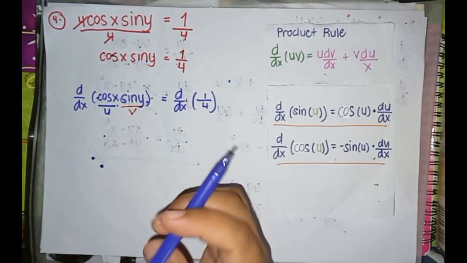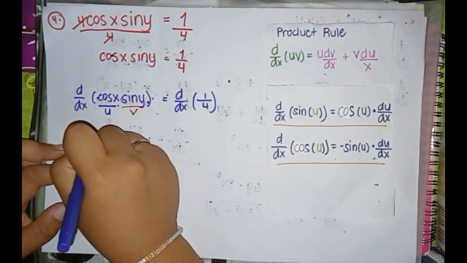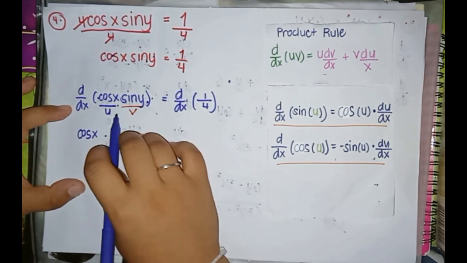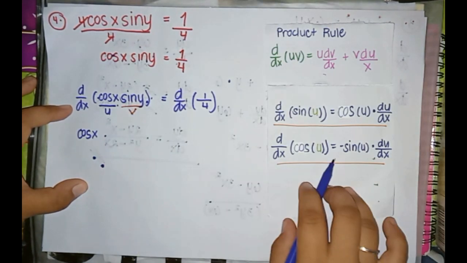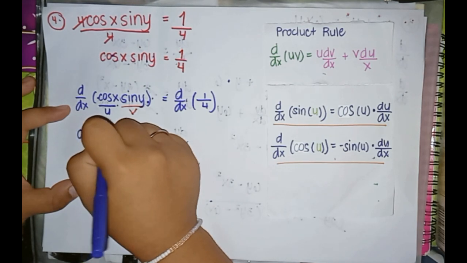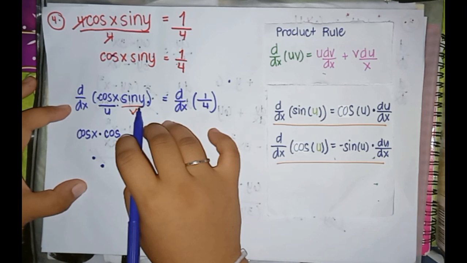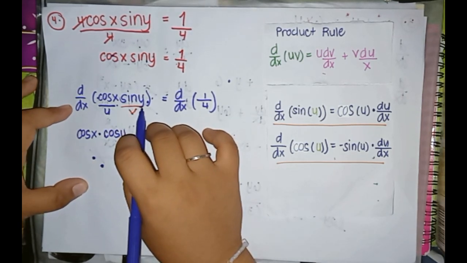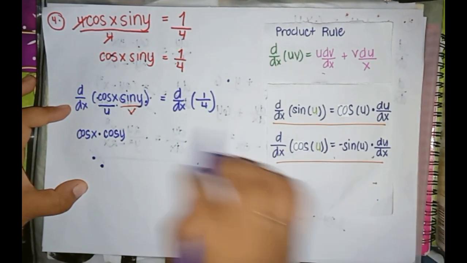So with our product rule, we know that our u is cosine x, so we will write cosine of x. Now, we are going to get the derivative of our v, which is sine y, and we know the derivative of sine is cosine. So we will multiply it with cosine y multiplied by the derivative of y with respect to x, of course.